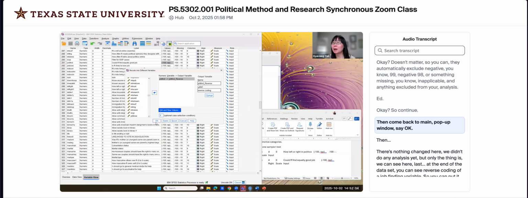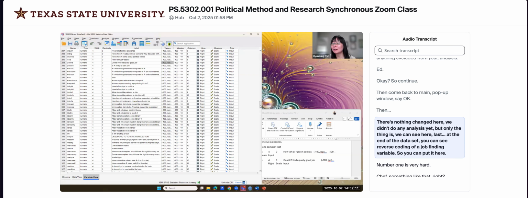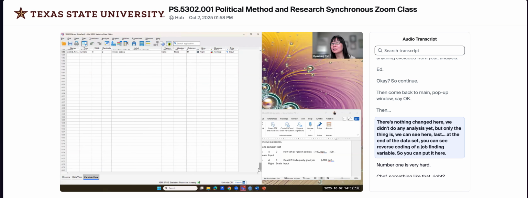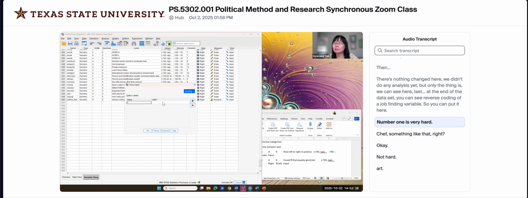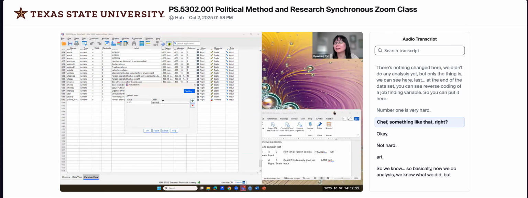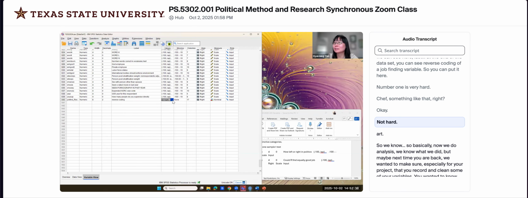Then come back to the main pop-up window, say okay. Then there's nothing changing here. We didn't do any analysis yet, but we can see at the end of the data set the reverse coding of the job finding variable. So you can put here number 1 as very hard, something like that, right? Okay. Not hard.